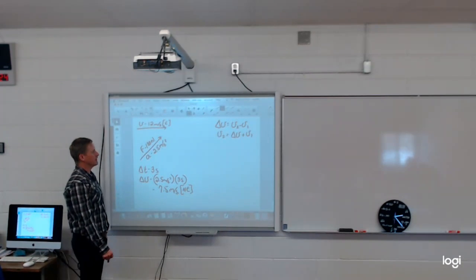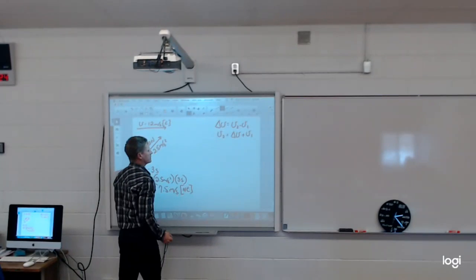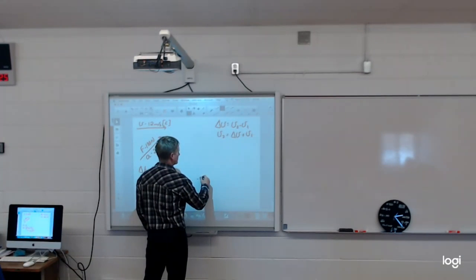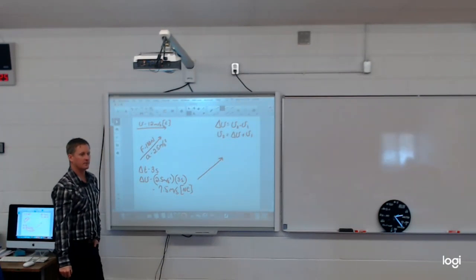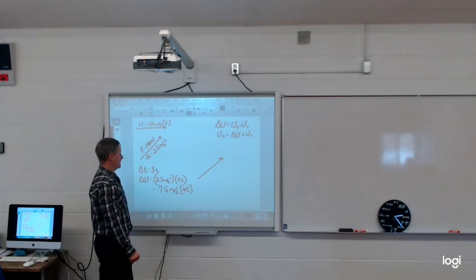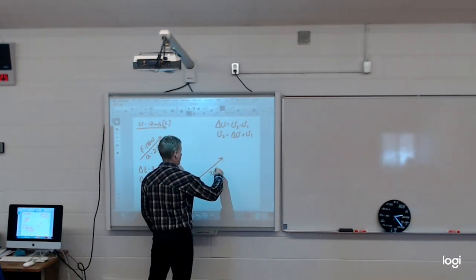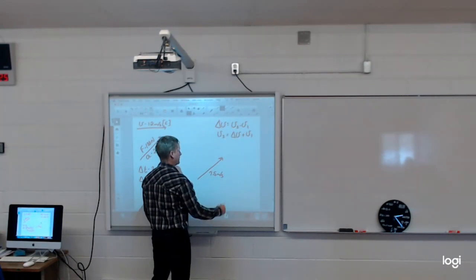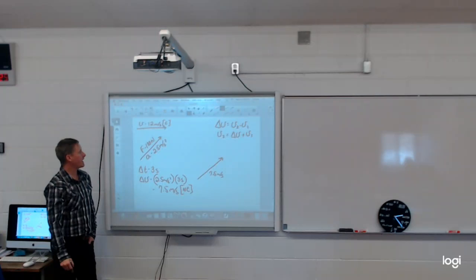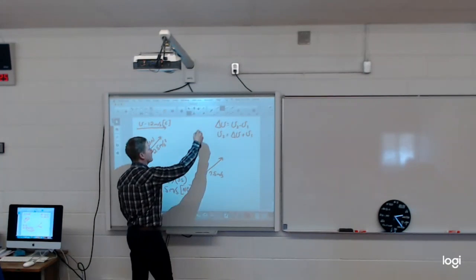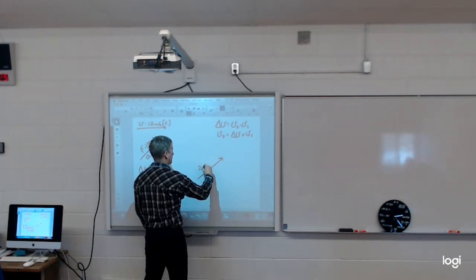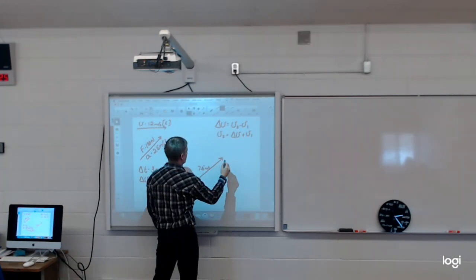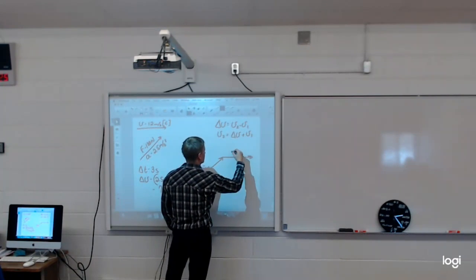Okay. So then I'm going to draw my change in velocity vector first. That's that guy, so that is 7.5 meters per second. Then I'm going to add on my other vector, my v1, 12 meters per second to the east.